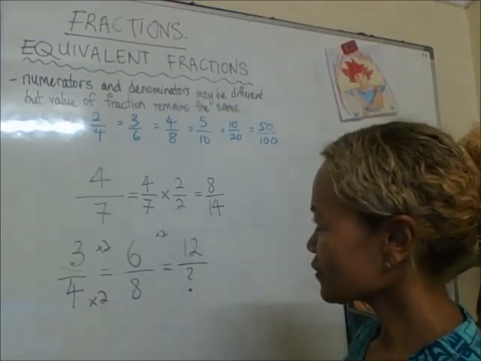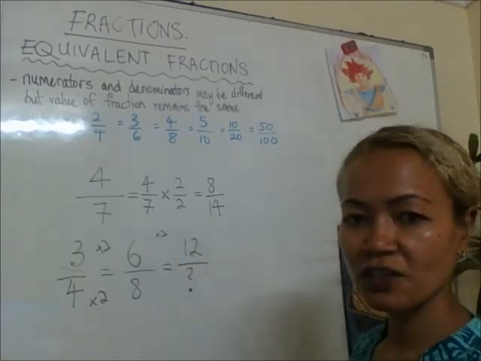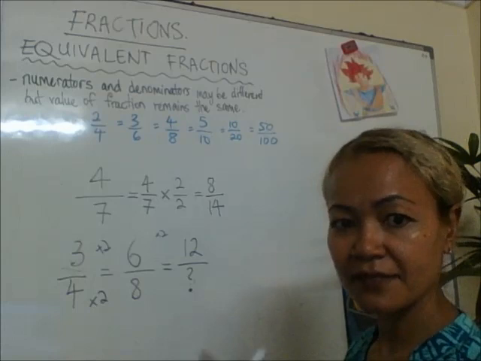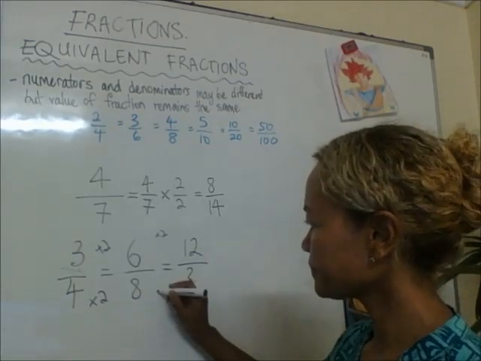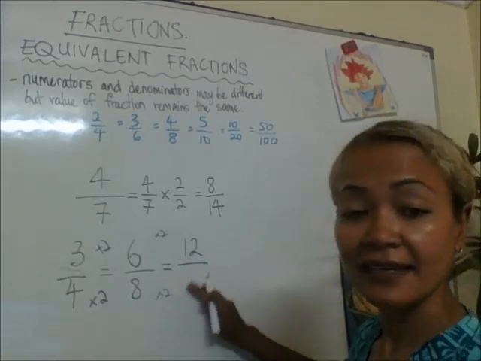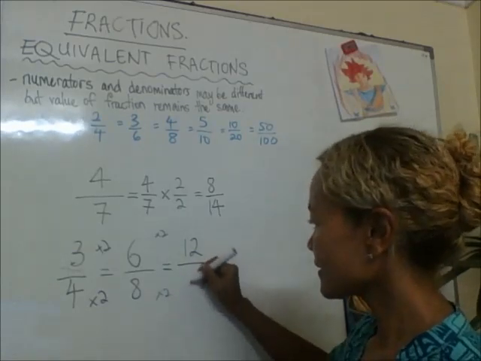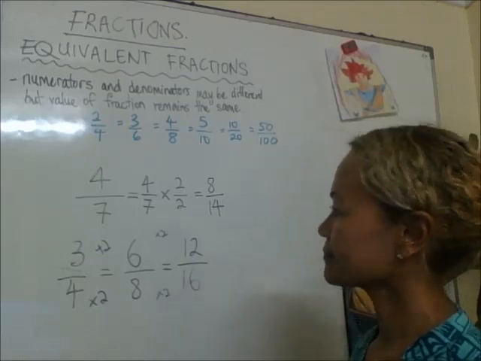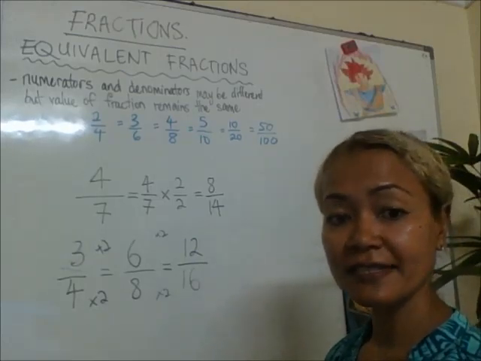So times 2. So if you do the times 2 on the top, then you must do the exact same thing on the bottom, times the same number on the bottom. Times 2. 8 times 2 is 16. Over 16.